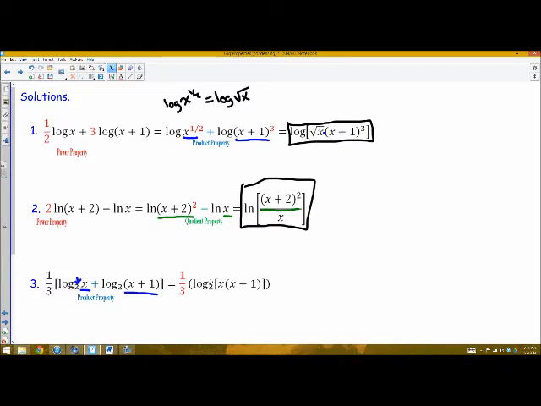Now, because I have so many parentheses going on here, I'm just going to point out where these parentheses all came from. First, I have my first set of parentheses around the x plus 1, so that hasn't changed. That's still here. Next, I had this other x, and that x and this x plus 1 is being multiplied together, so I'm going to be having to take the log of this times this.